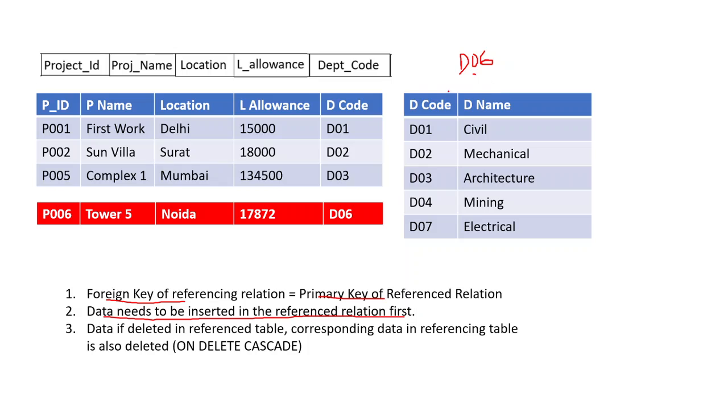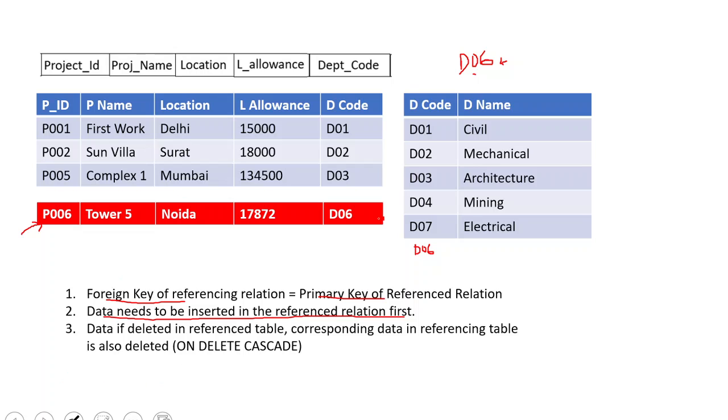So, in order to make an entry of a project, this P006, which is controlled by D06 department, first the details regarding this D06 have to be entered into this table. Then only you can make an entry regarding this project P006 in the projects table.